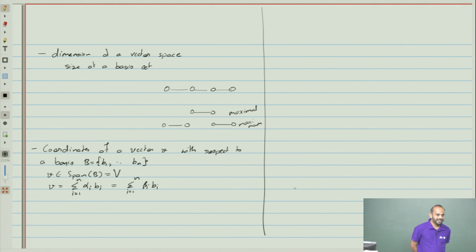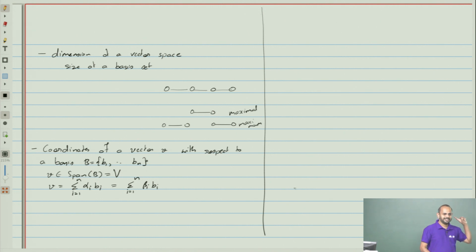Either alpha i minus beta i is equal to 0, or if it is non-zero, the b i's are linearly dependent, but they are linearly independent. So, the second case does not arise. So, alpha i has to be equal to beta i. That is, alpha i is unique. If you have a linearly independent set of vectors, its linear combination gives a vector with unique alpha i's.